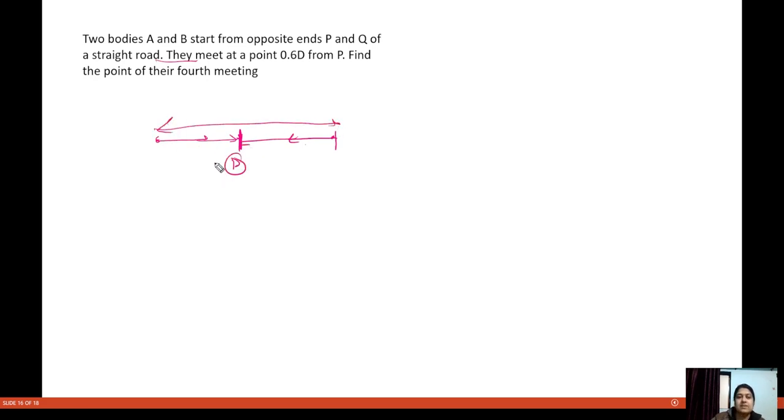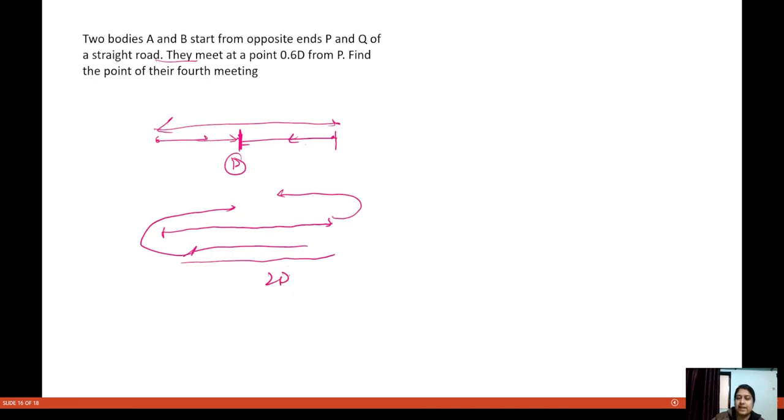Now one is going to move this side and another is going to move this side. When again they come and meet, they will have covered distance 2d.